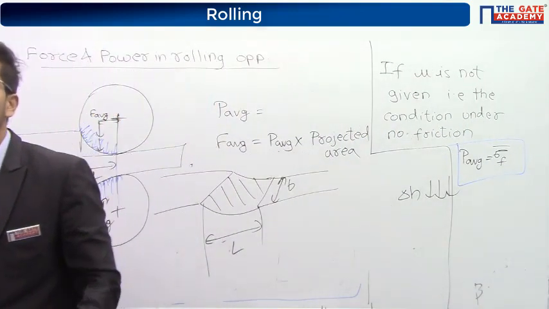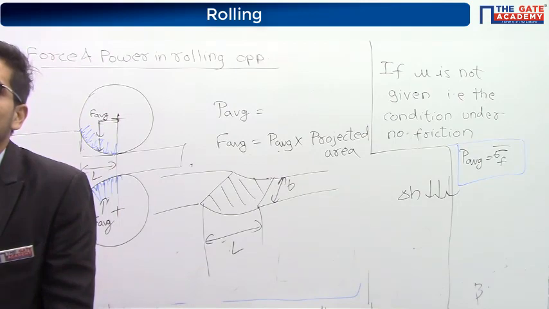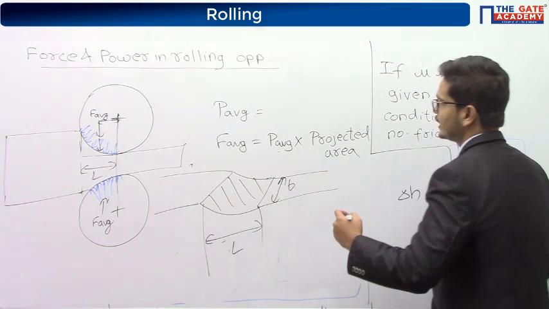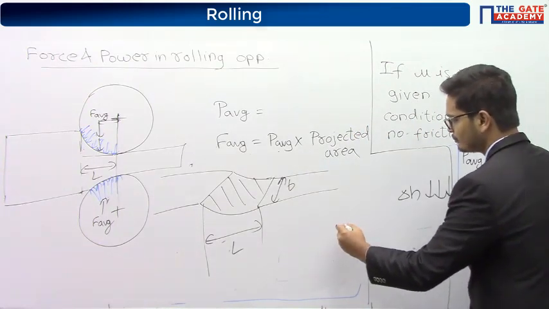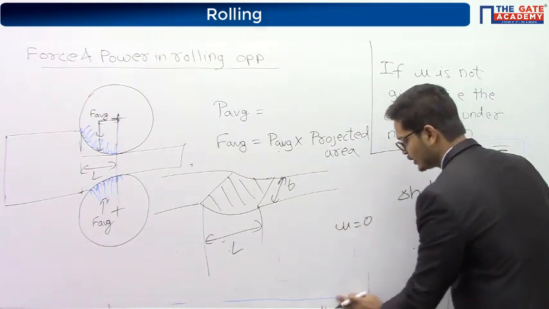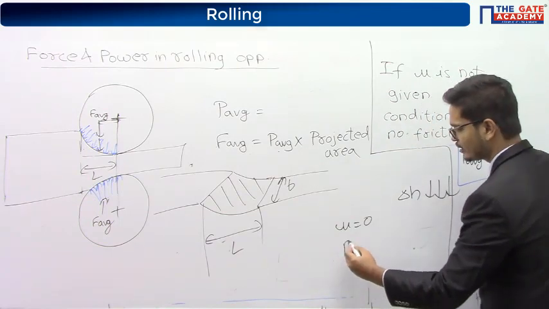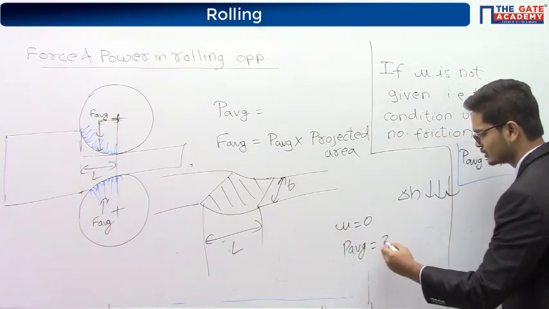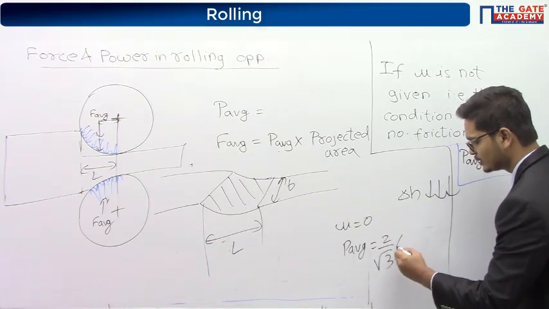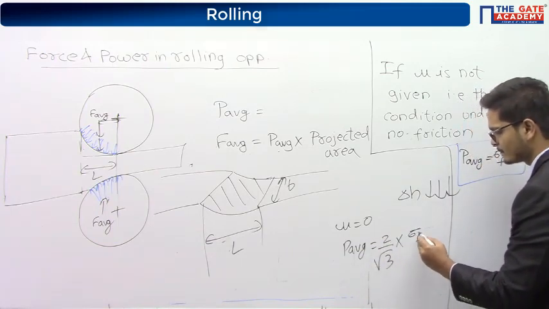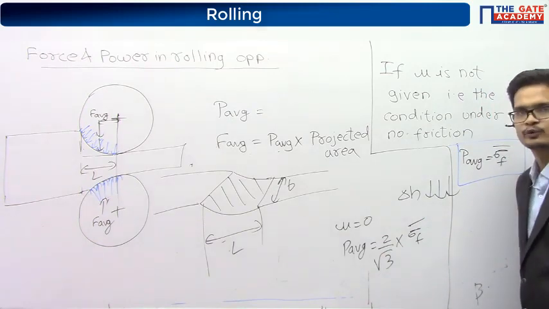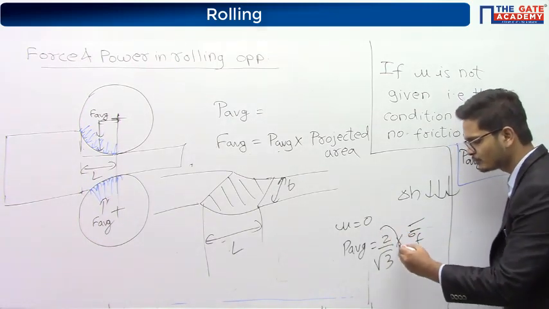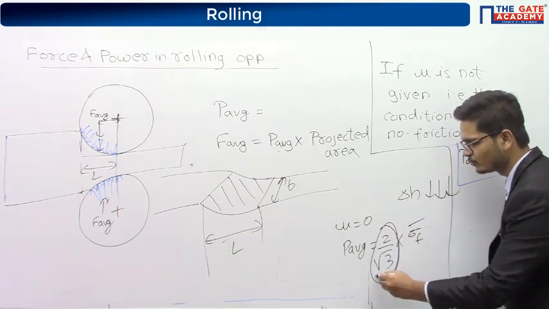Then, where is the 2 by root 3? In that expression, if you put mu equal to 0, you should get P average as 2 by root 3 into sigma F bar. So these people are asking, sir, where is this 2 by root 3?